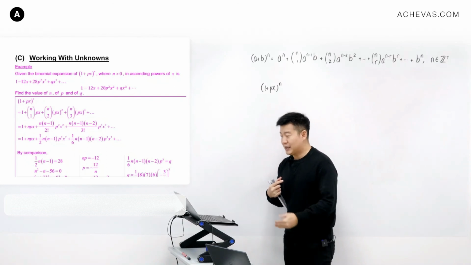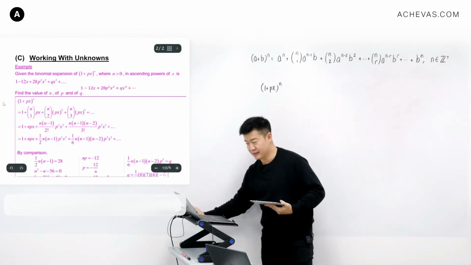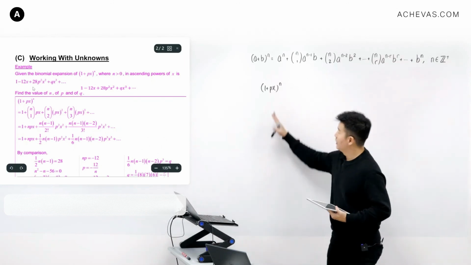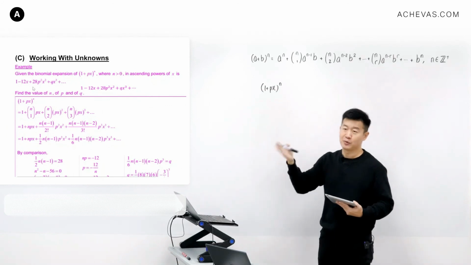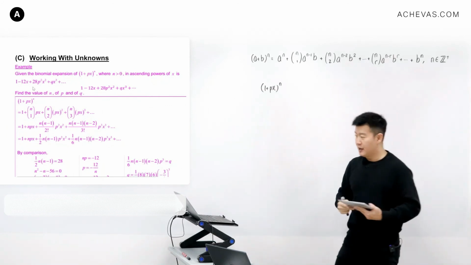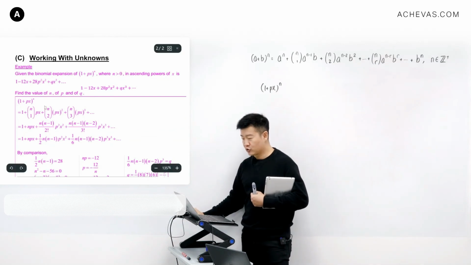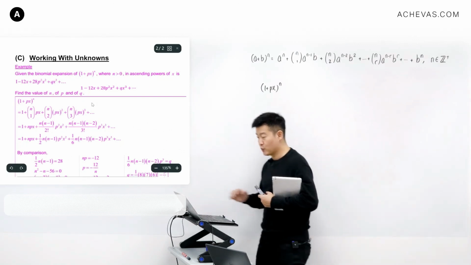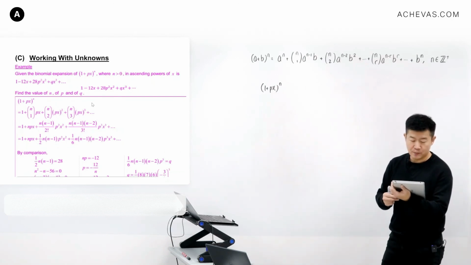And when this is expanded in ascending powers, we are given this. Since it's going to be matched to this, we are going to try to find the values of n, p, and q.